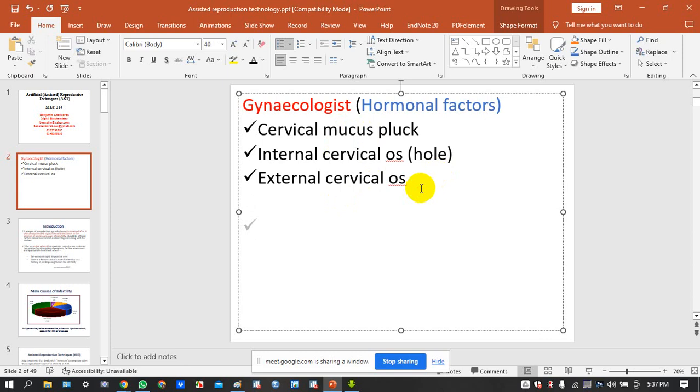So the vaginal juice is acidic. Because it's acidic, it's able to protect the woman's vagina from a lot of infection.